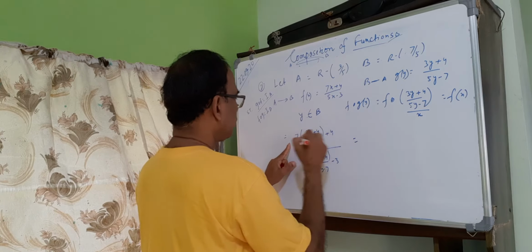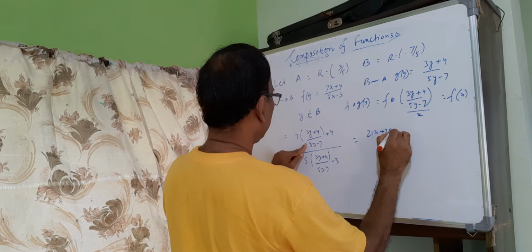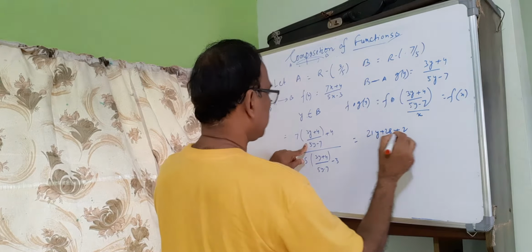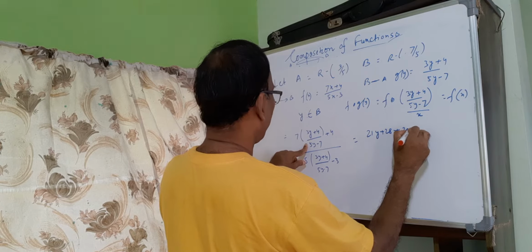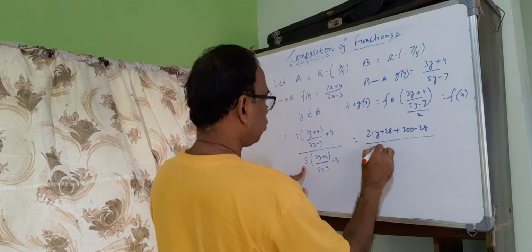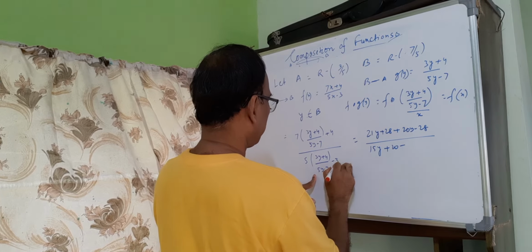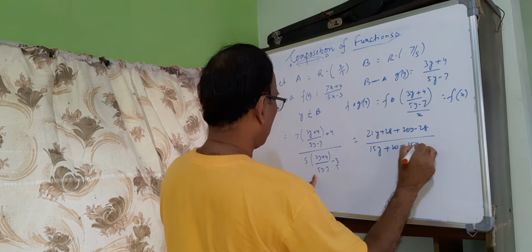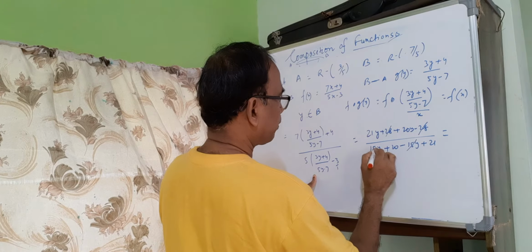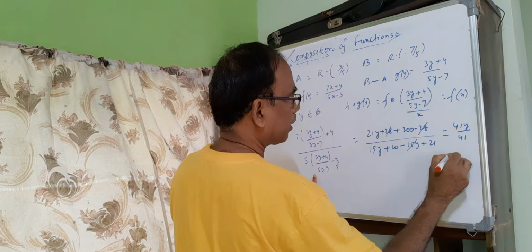This equals 21y plus 28 plus 20y minus 28, over 15y plus 20 minus 15y plus 21. The 28 cancels, the 15y cancels, that is 41y by 41, that is y.